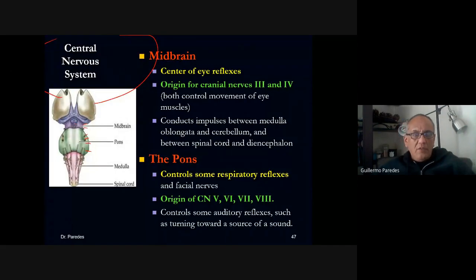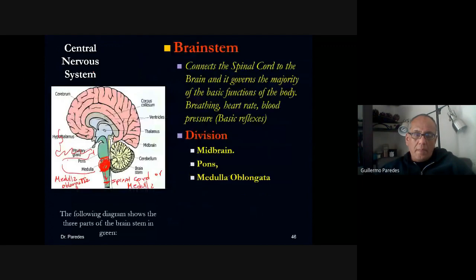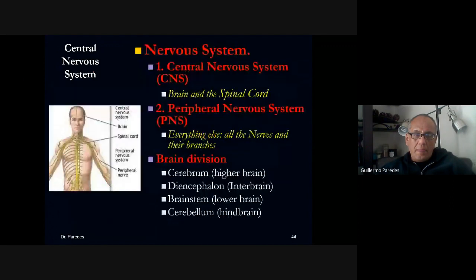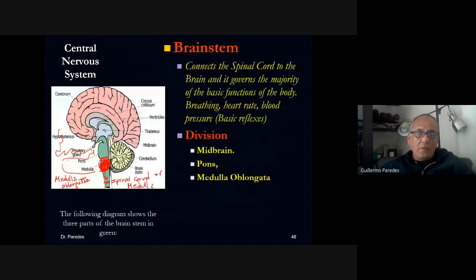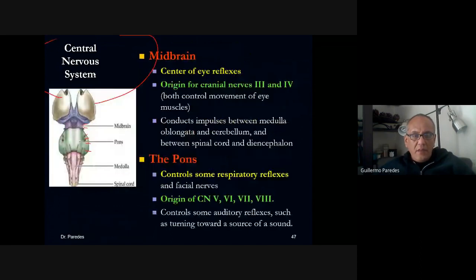Now, we have already been talking about the afferent and the efferent, the sensory and the motor nerves. Remember, we have the afferent, then it goes up to the brain and then goes back, correct? You okay with that?